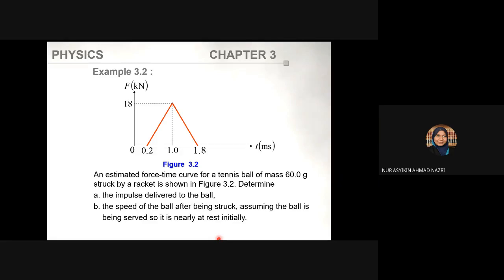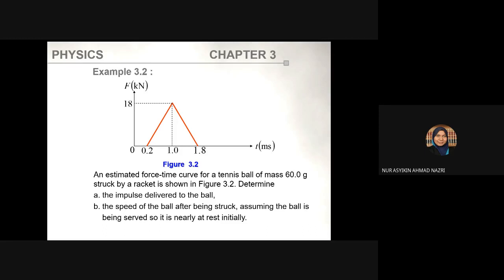Quite challenging, because you need to remember this is force. You see kilo, you must consider kilo. You see millisecond. So be careful if you get a question like this. 60 gram needs to be converted to kilogram. You must always remember that, because we use the unit Newton here, so it won't match otherwise. Kilogram, not gram, can go into the Newton unit.